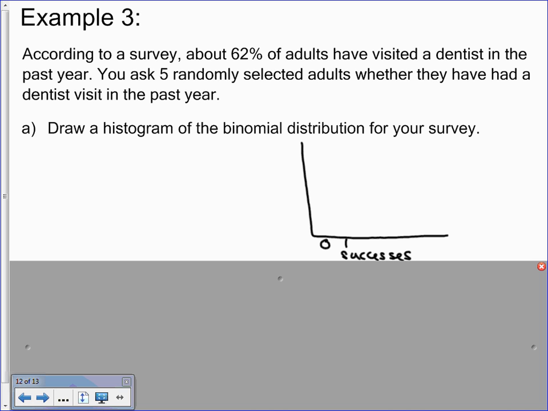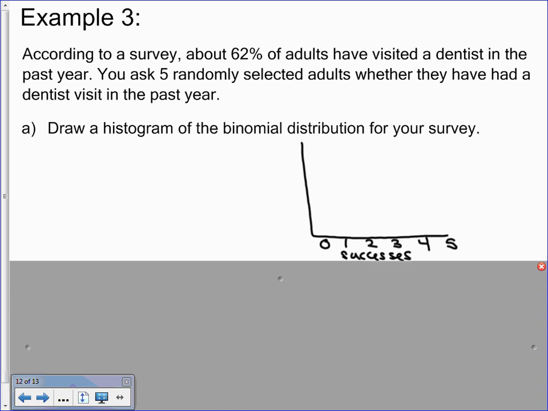0, 1, 2, 3, 4, 5. If I'm talking to 5 people, I have 0 through 5. If I'm talking to 3 people, I have 0 to 3. If I'm rolling a die 10 times, I have 0 to 10. Okay.